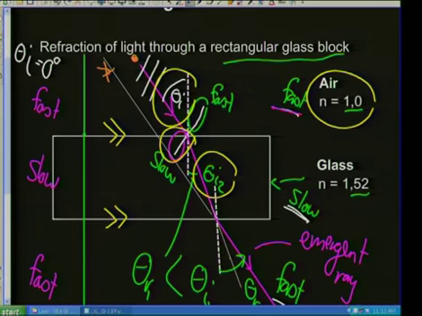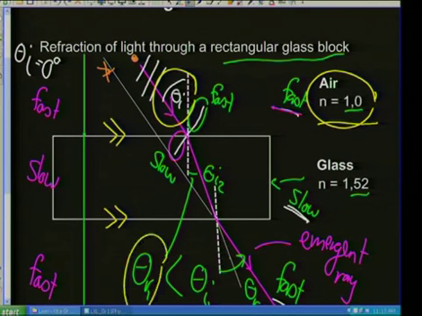So it's the angle of incidence over here, and the refractive index, and the angle of refraction at this surface, which is this little angle over here, and that refractive index. Please take note of that and make sure that you understand those.